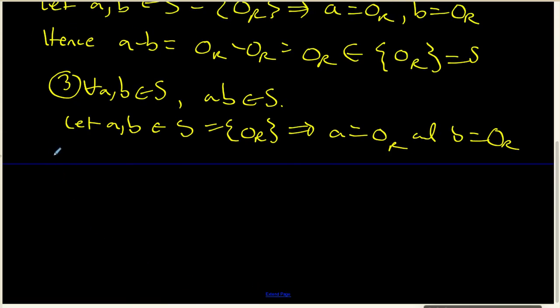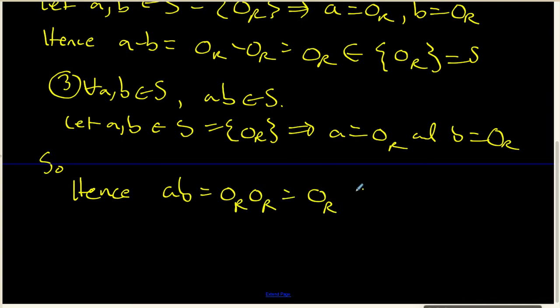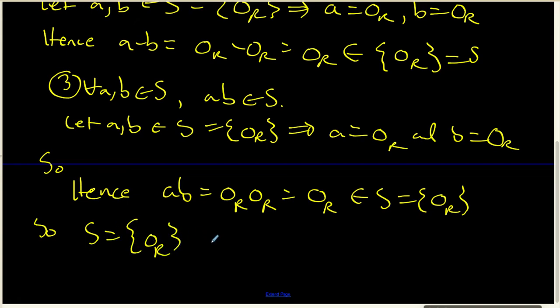That's going to tell me that A times B is 0 times 0, but 0 times 0 is just 0, and that does belong to S, and consequently, our set S, which consists of just the 0 element, is indeed a subring of ring R.